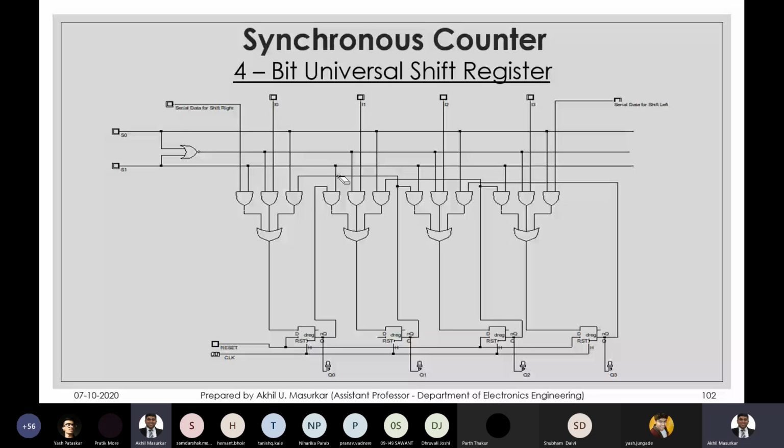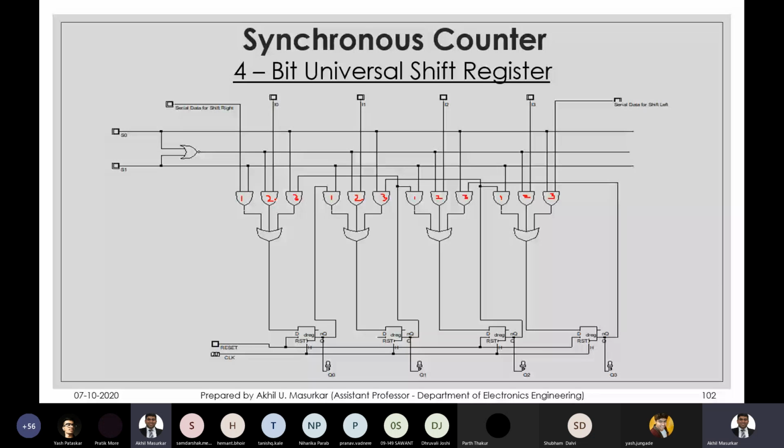So here we have three classes of AND gates. This is 1, 2, 3, 1, 2, 3, 1, 2, 3, 1, 2, 3. Now I want you to observe one thing here. You can see AND gate number 2.